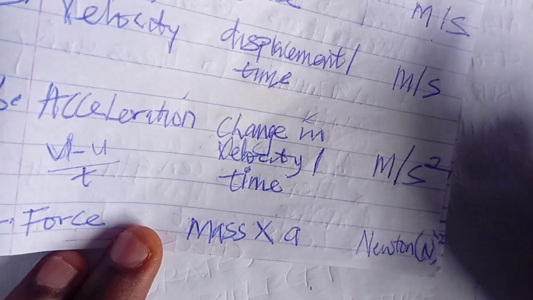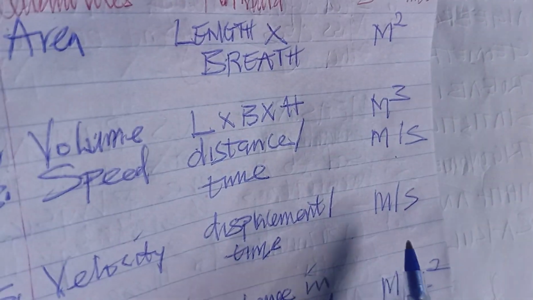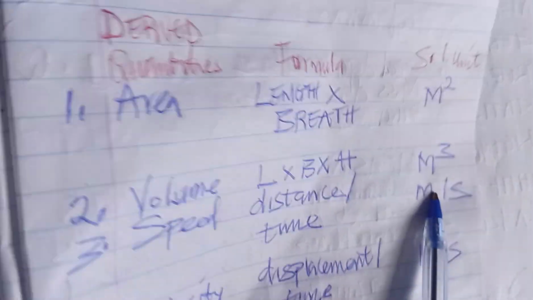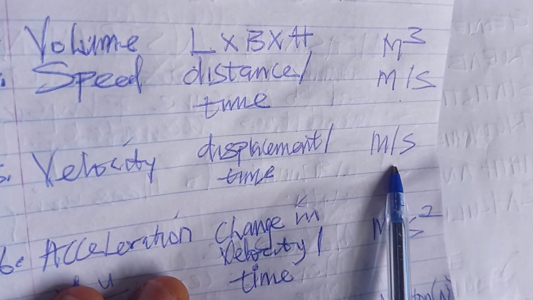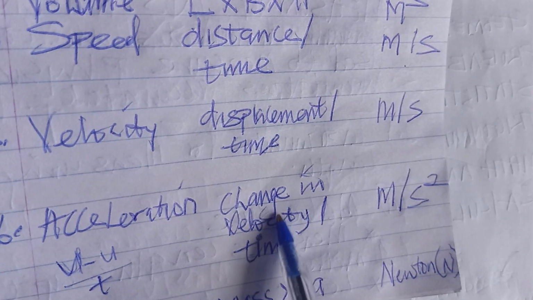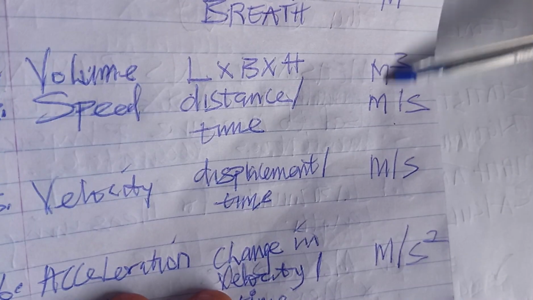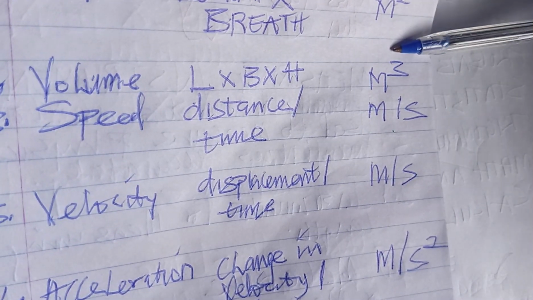And please don't forget these units, they are important. This one is m squared, m cube, m per second, and m per second squared for acceleration. Please take note of these units because we are going to use them during our dimensional analysis.